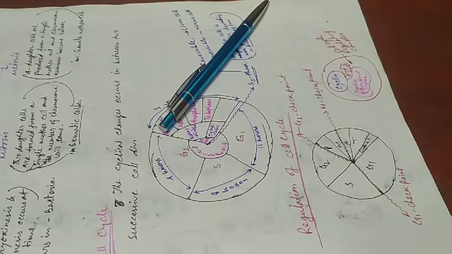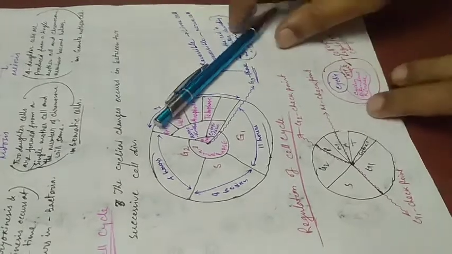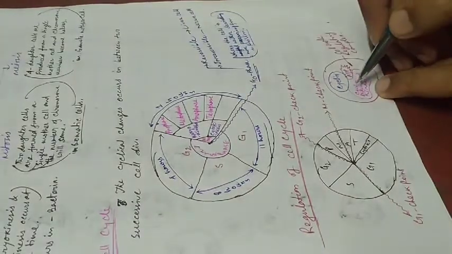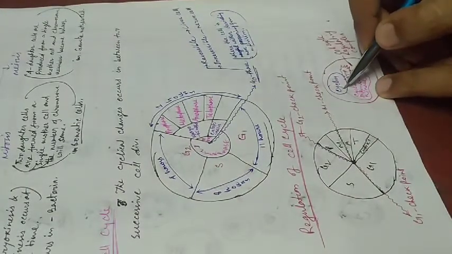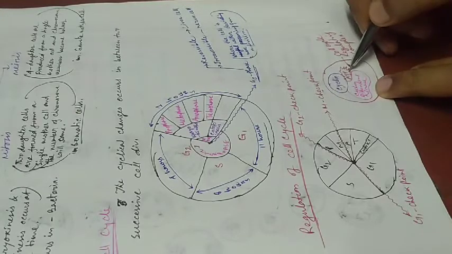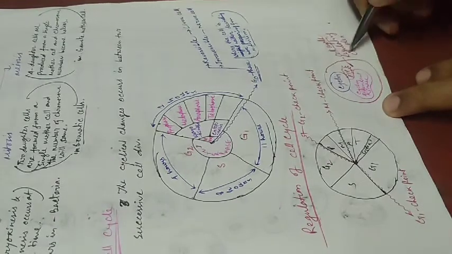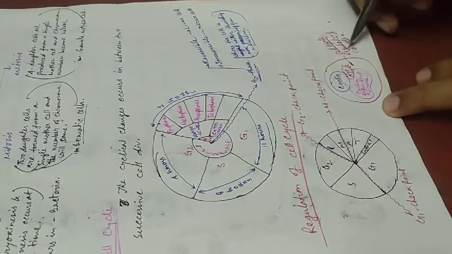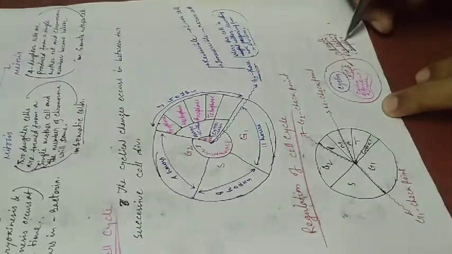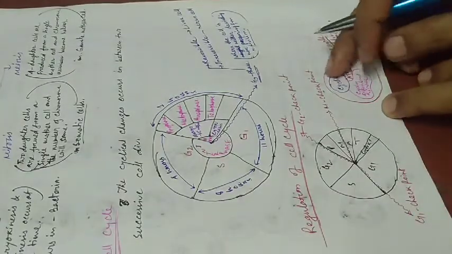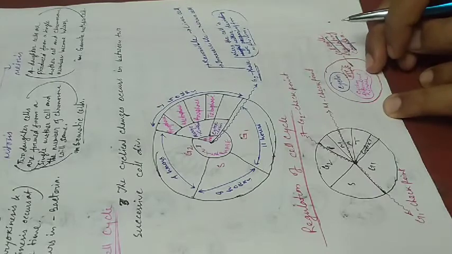At the time of regulating a cell cycle, the cyclin dependent kinase enzyme will bind with the cyclin protein with the help of ATP, or cellular energy, and they form a cell cycle regulating complex, that is the cyclin, CDK or cyclin dependent kinase, and ATP.